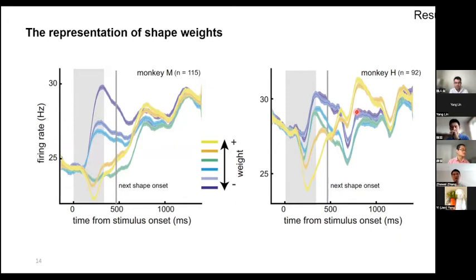Fair enough. What's the significance of the second peak? We noticed the behavior difference of the two monkeys, so we always show the neuron data for each individual animal for any analysis.